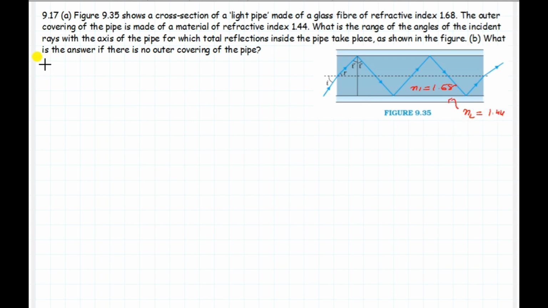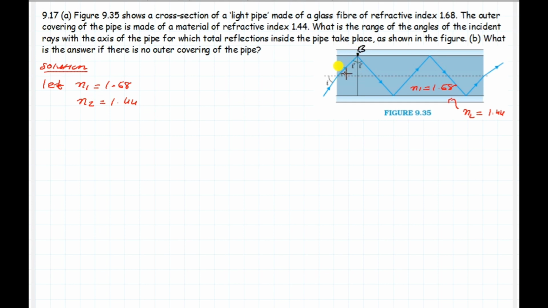Okay, now here in the solution, let n1 be 1.68 and n2 be 1.44. Now let this point of incidence inside the glass fiber be B.